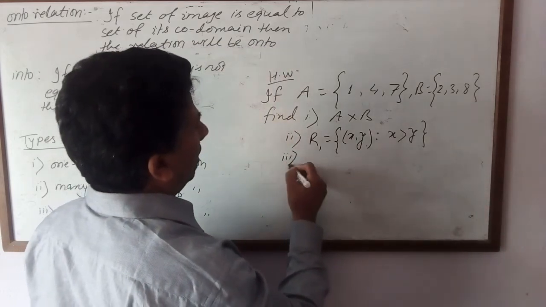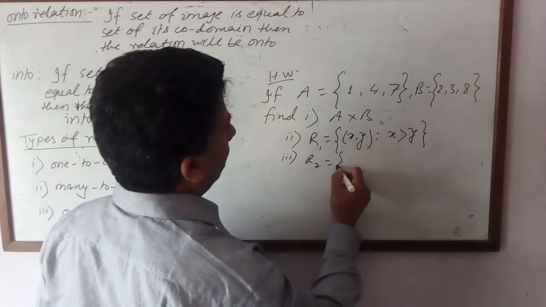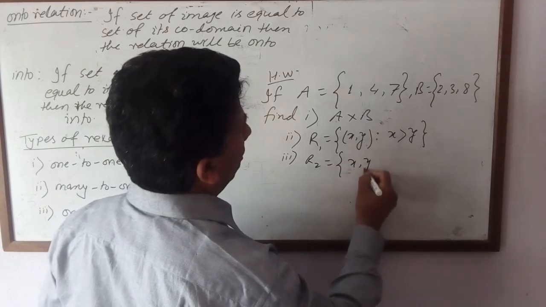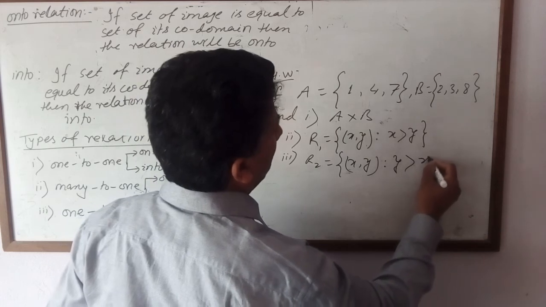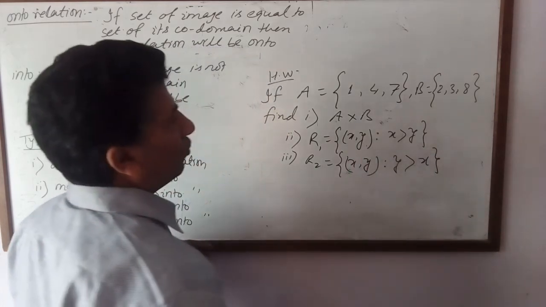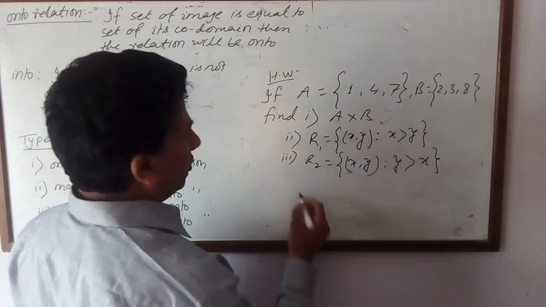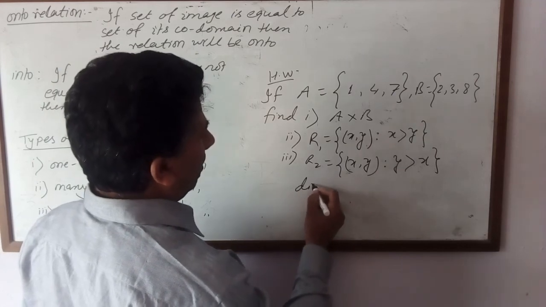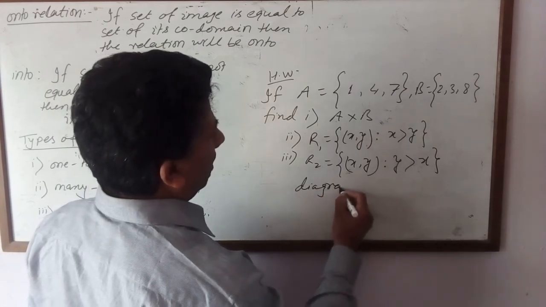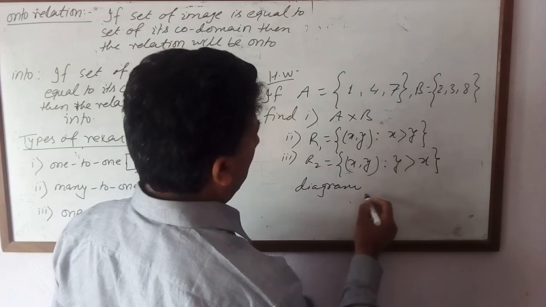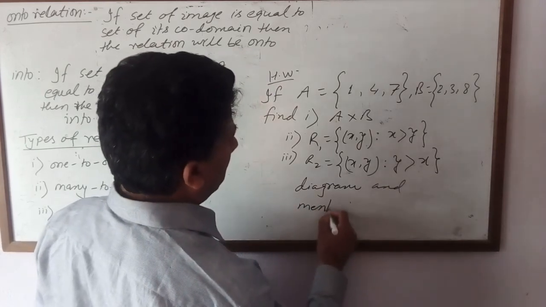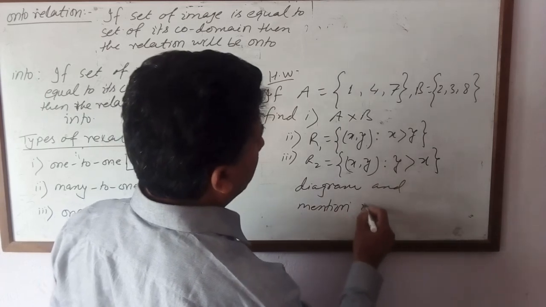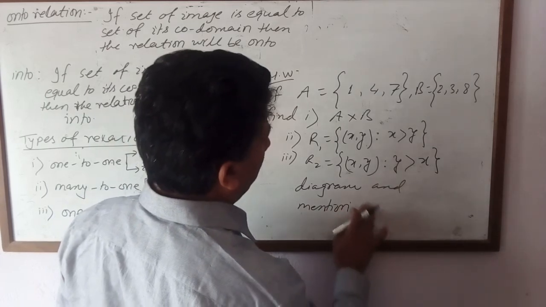Number 3, R2, find the ordered pairs XY such that Y is greater than X. These two examples, show them in a diagram also, and mention their types.